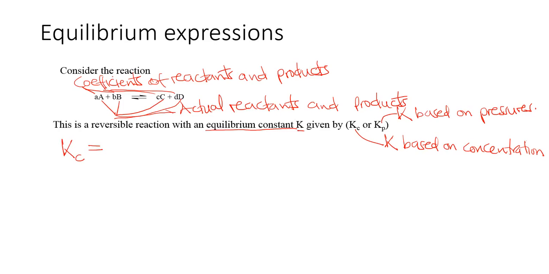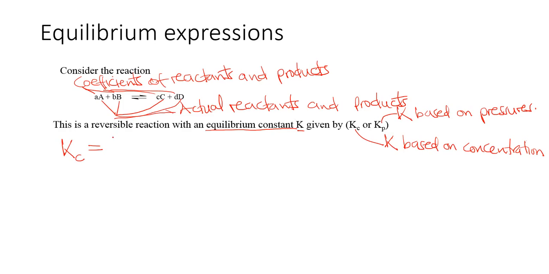Kc will be given by the product of products to the power of their coefficients, divided by the product of reactants to the power of their coefficients. So what we are saying is in terms of their concentration.